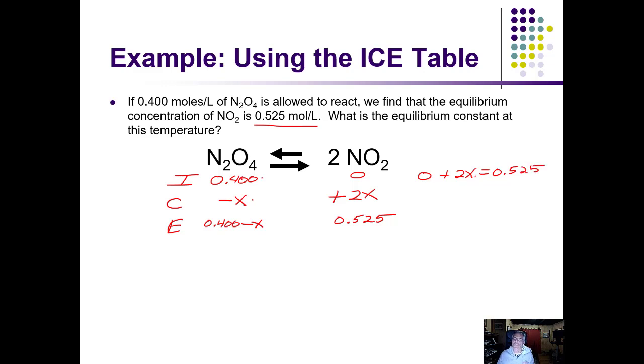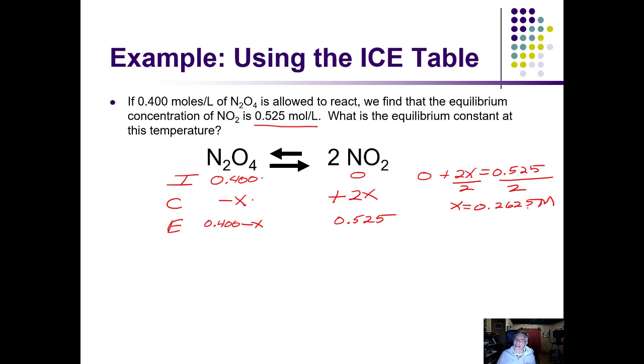So all I need to do to solve for x, since this is 0, is just divide both sides by 2. That's going to give me x, which is the change, and that's simply going to be 0.2625 molar. I'll carry an extra sig fig till we get to the end so that I don't have a rounding error.